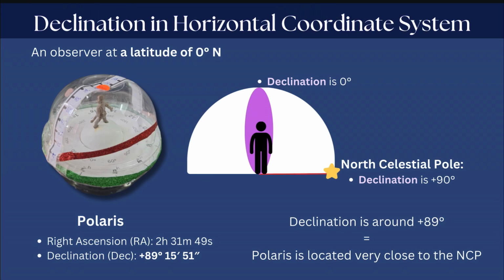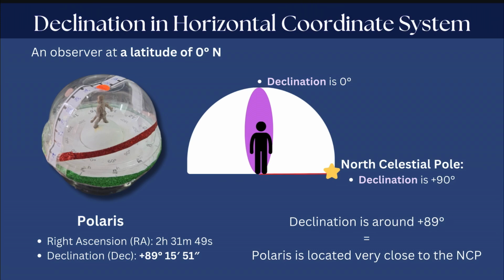plane that makes the north celestial pole perpendicular to the reference plane. As you can see in the first example, an observer is at a latitude of 0 degrees north. So the north celestial pole has a declination of positive 90 degrees, which makes the declination start above our head.